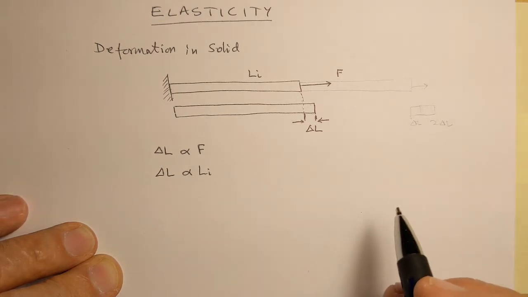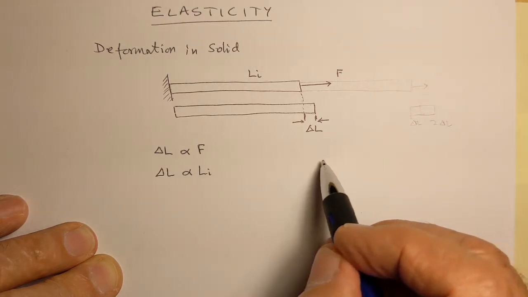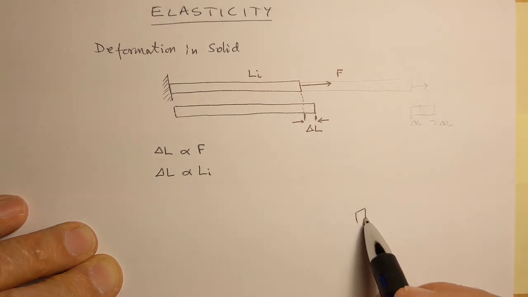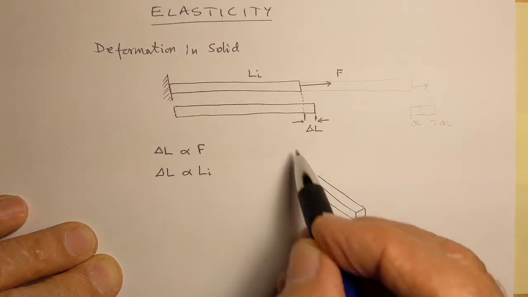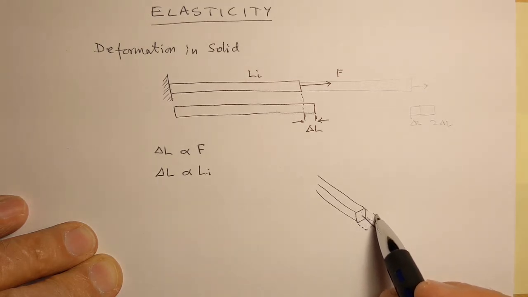Now we can also see, if we look at it from the side, that the rod has, let's say, a square cross section. That is this rod seen from the side, and we're pulling it this way, and it stretches by this distance.